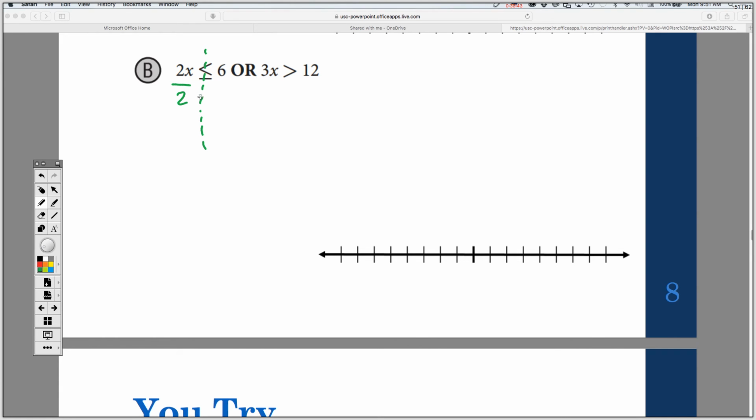Divide by 2. 2 goes into 6? 3 times. Now notice this is a 3x, that's a 2x. So I can't do this like I did on the other ones. Can you do both at the same time? I have to do them separate because they don't have a 2x in common. Everyone see that? So there's no way to put it like this.